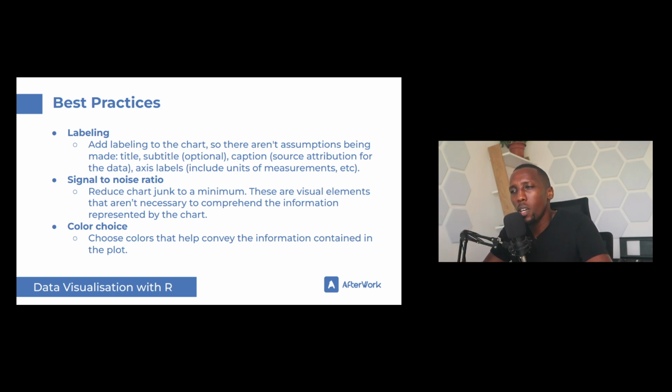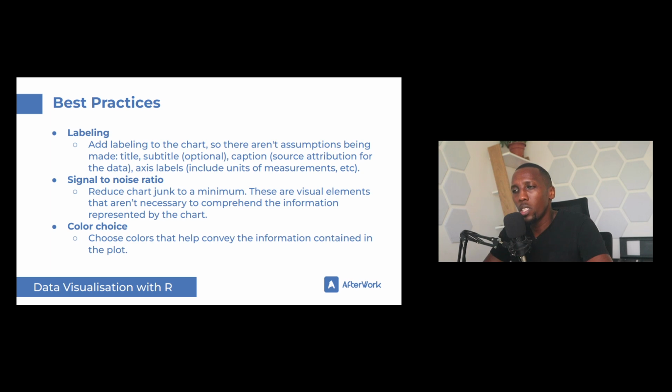But the question would be, wouldn't it be cluttered? Wouldn't it make sense for you to represent each line within its own chart? Or if you're looking to make a comparison, would it make sense to have two lines within the chart? So signal to noise ratio is something else to consider.